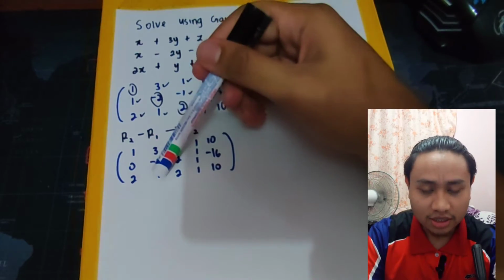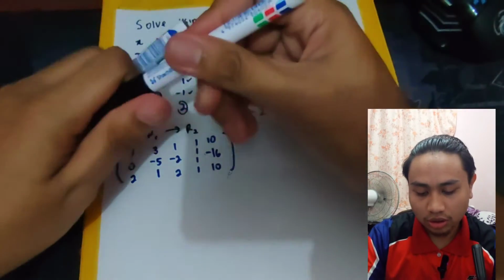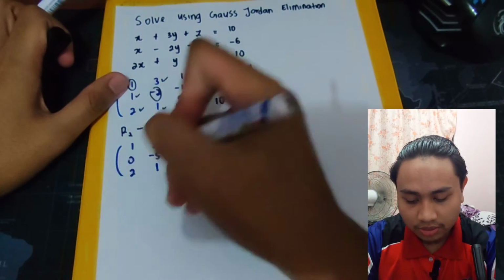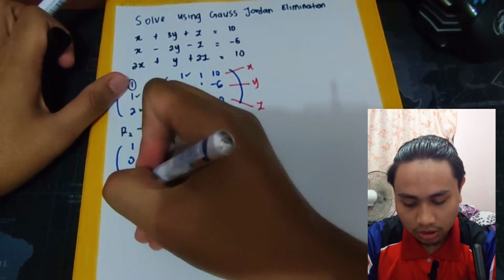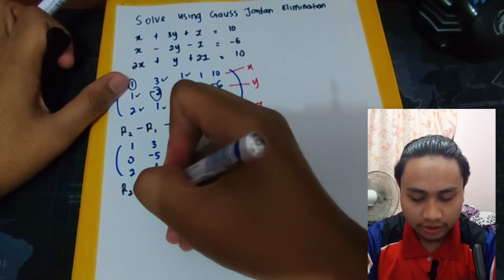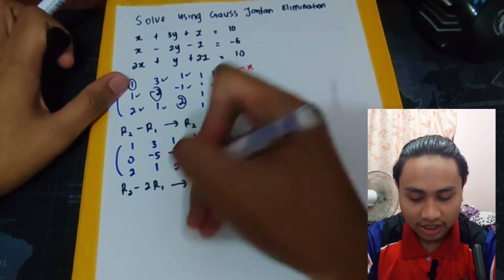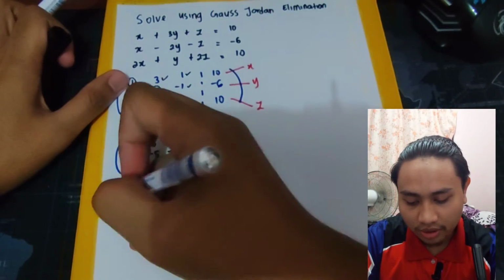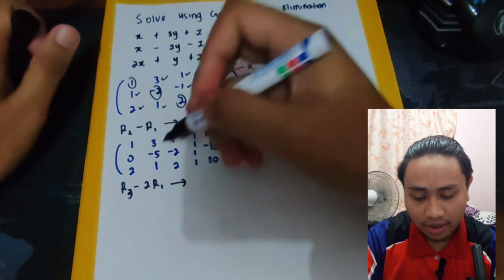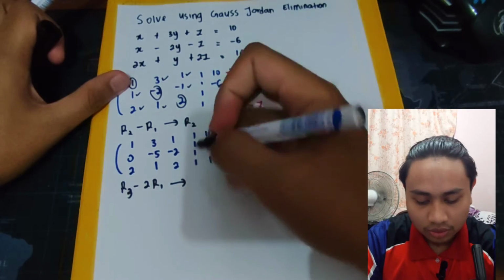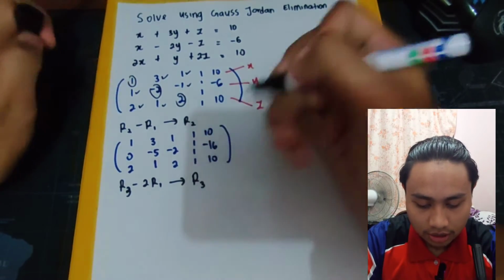Okay, next we got 0 here, and then we need to make the numbers here and here become 0. So what we need to do is row 2 minus 2 times row 1, and row 3 minus row 1 times 2, and we write it as row 3.